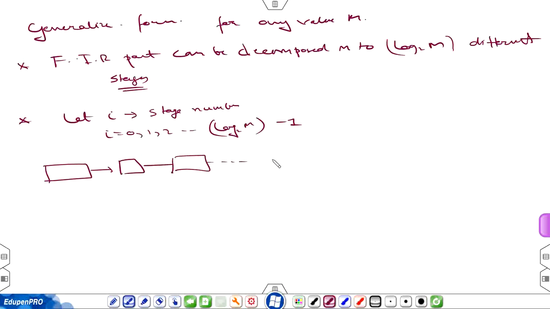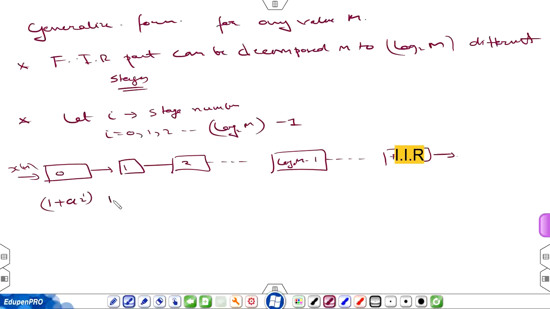stage 0, stage 1, stage 2 up to log of 2 m minus 1, like this, and the IIR part will remain as it is. Transfer function of stage 0 will be 1 plus e z inverse.